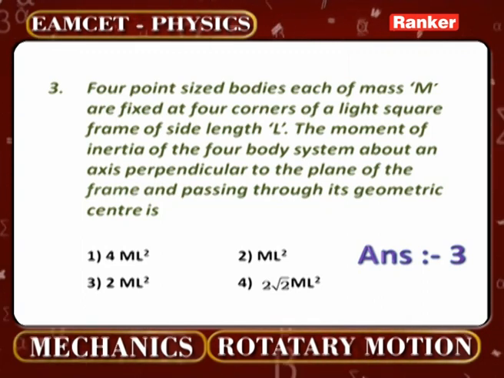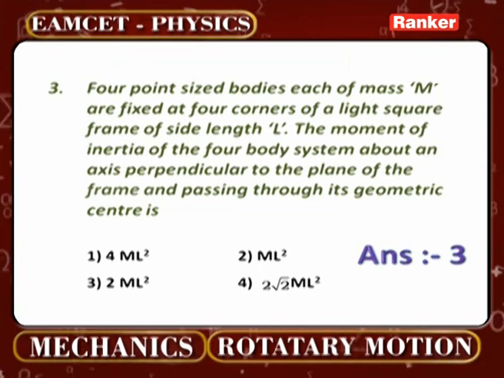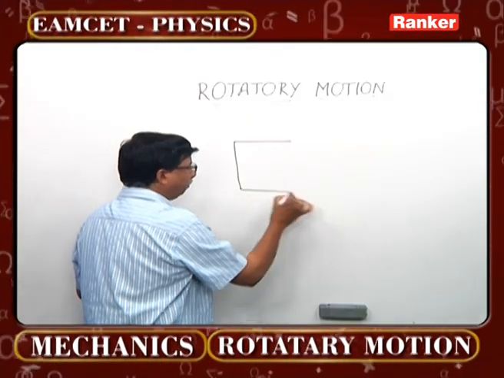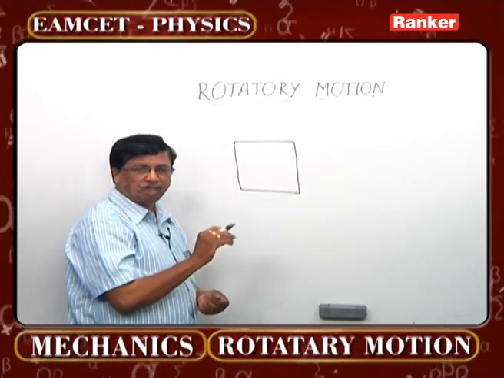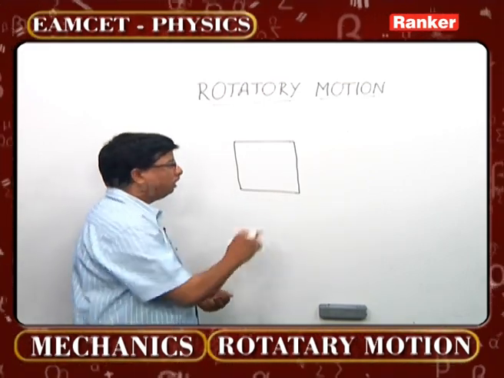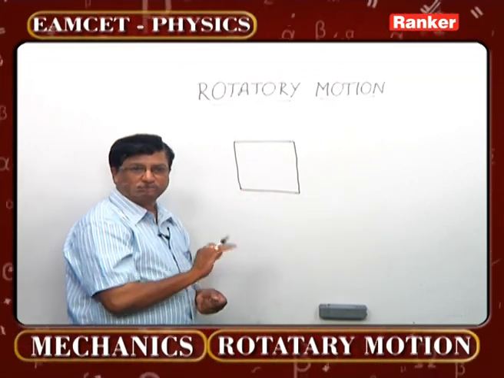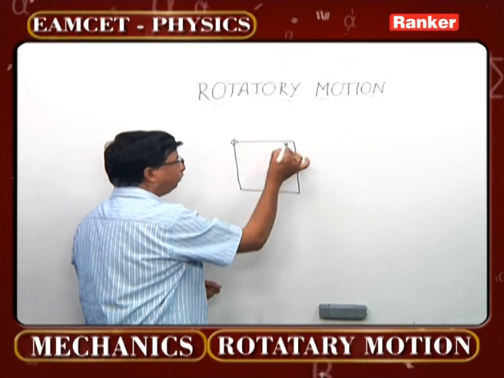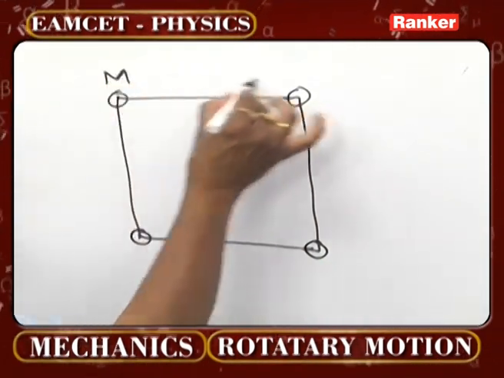One has to understand the arrangement carefully here. There is a square frame he is talking about, but at the same time he has given you that the square frame is a light square frame. Means what? The mass of this square frame need not be considered. Only the masses which are placed at 4 corners are now to be taken into consideration.